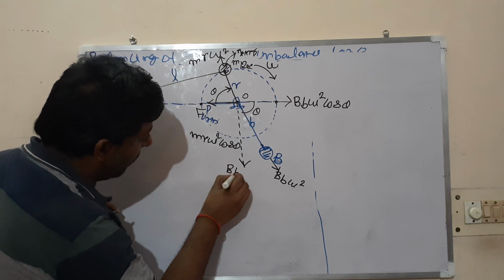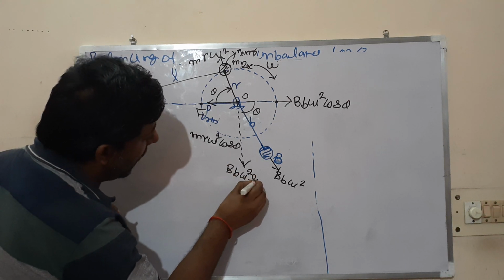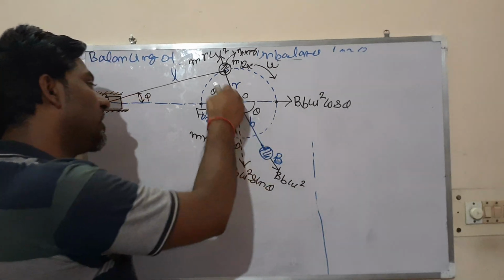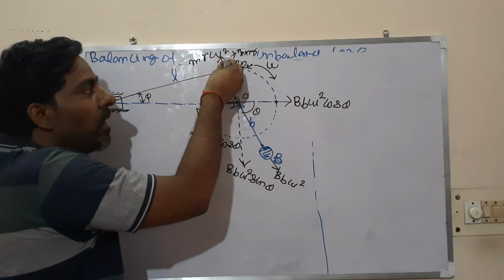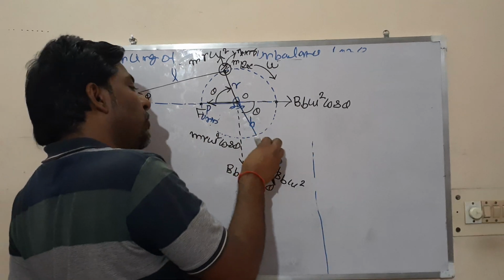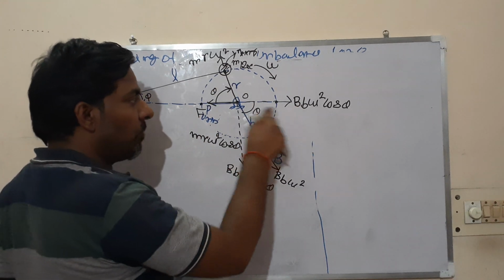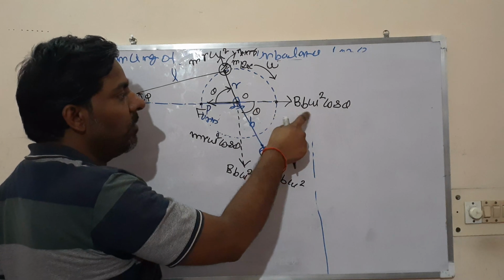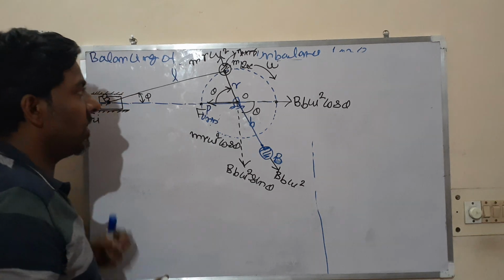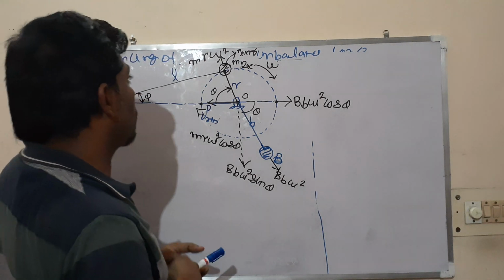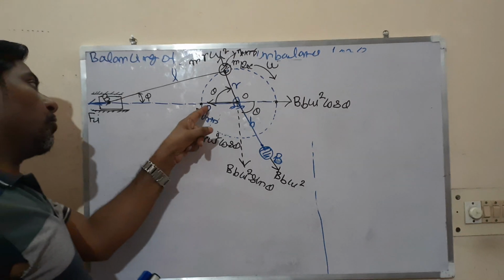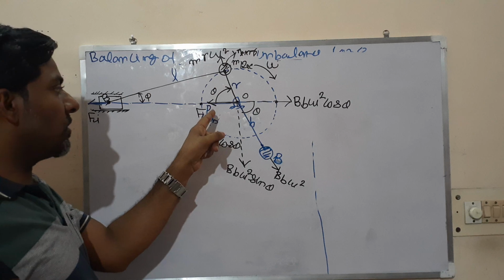The earlier one is the imagination, so I am not resolving that. This is the actual one, so let us resolve this. The components are B b omega square cos theta and B b omega square sin theta. Now I want to balance this force completely.